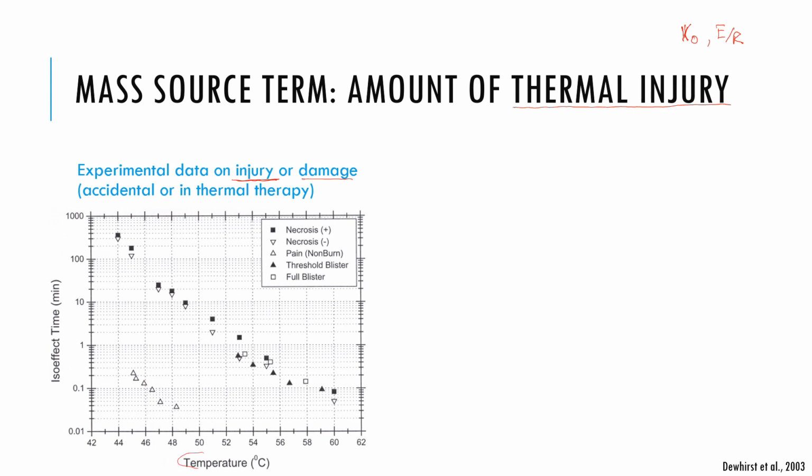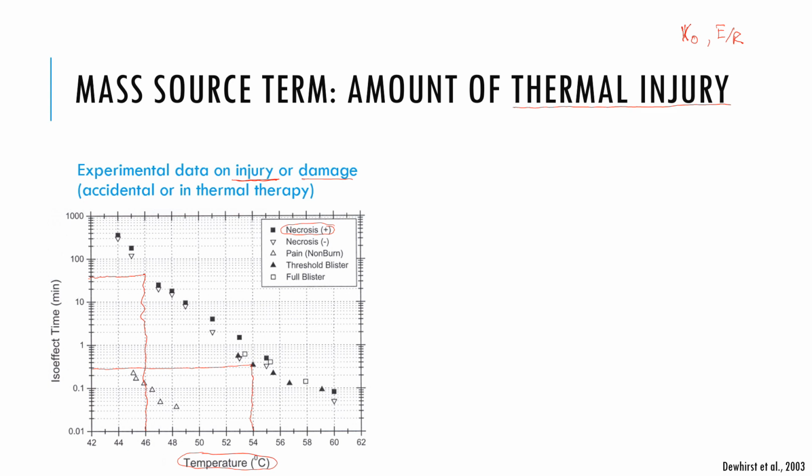So at a certain temperature and this time, it gives, let's say, necrosis, which is a 3rd degree burn. So the same burn can happen at a higher temperature and shorter time, which makes sense conceptually.